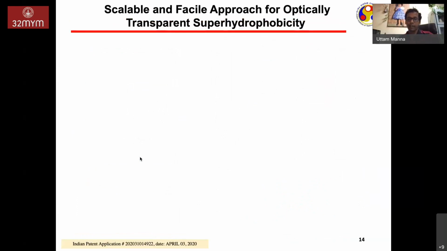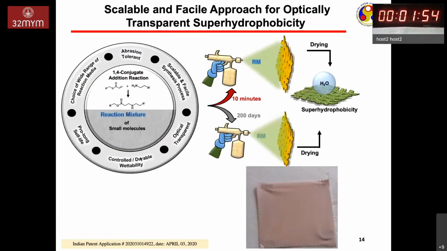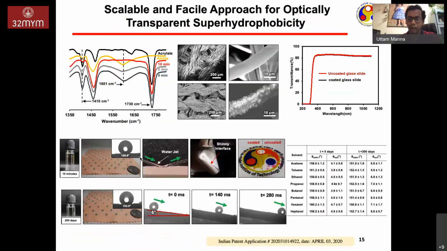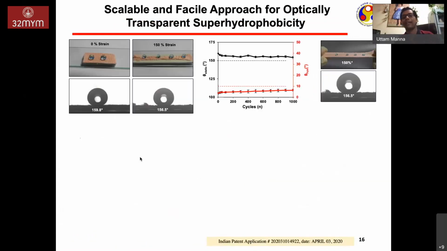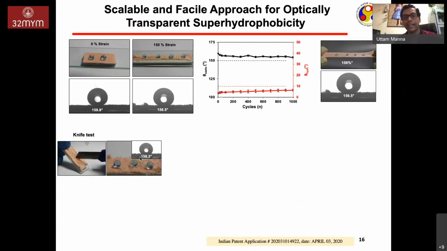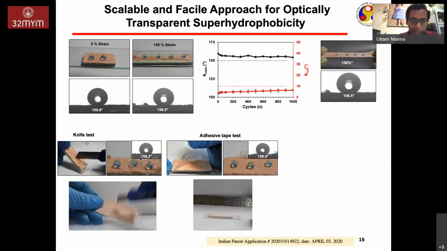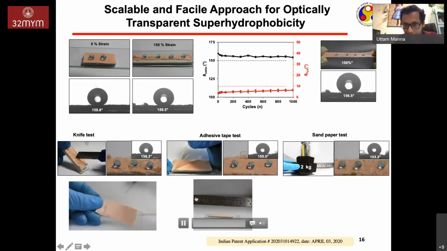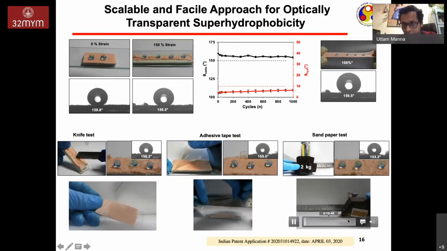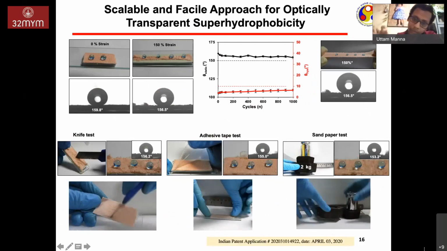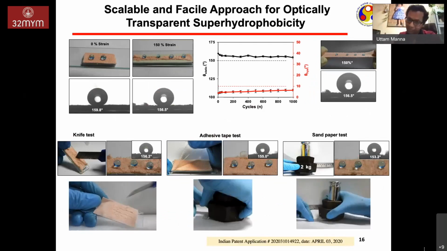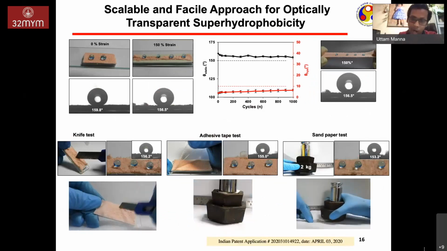So very quickly, I'll just give another flavor here. Very recently, we have also introduced a single-step fabrication process which can give optically transparent superhydrophobic coating, and it can survive different kinds of physical abrasions. This is a knife test you can see. Also, these are sandpaper abrasions, where you have an abrasive rough surface, you're putting the load, and you are abrading this interface, which is superhydrophobic, right?